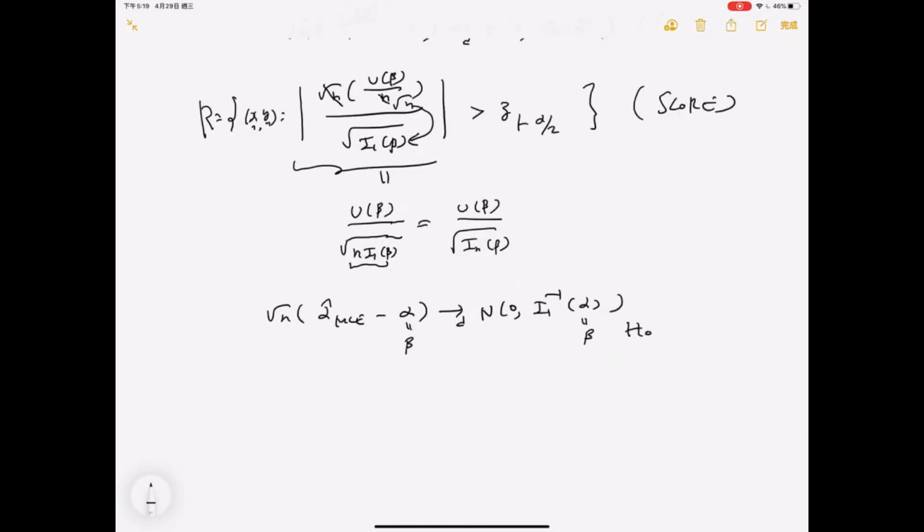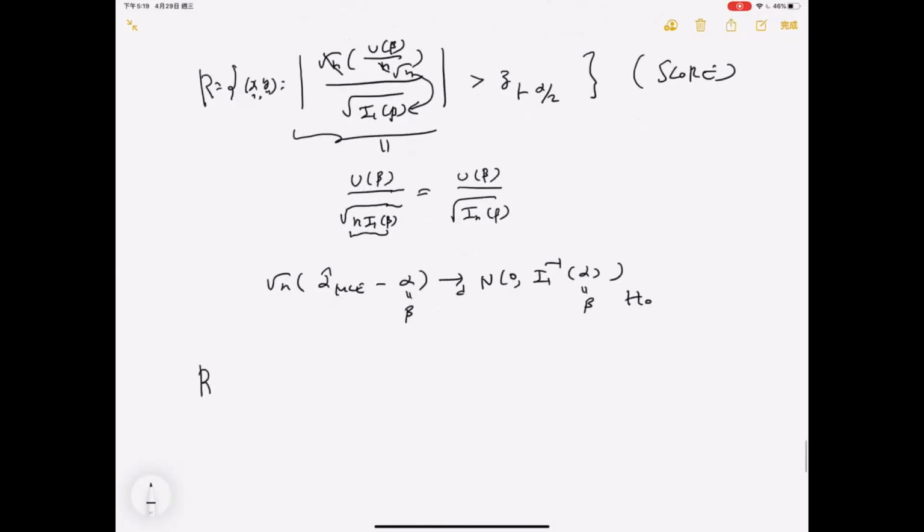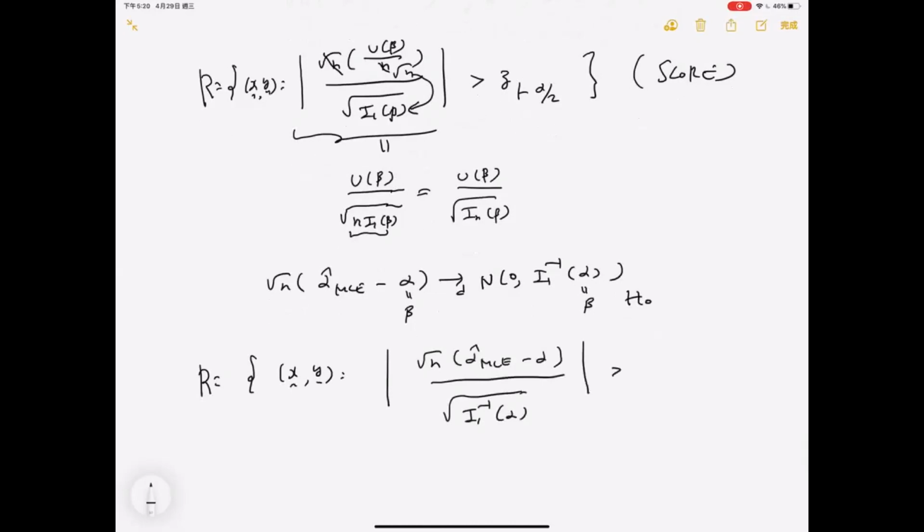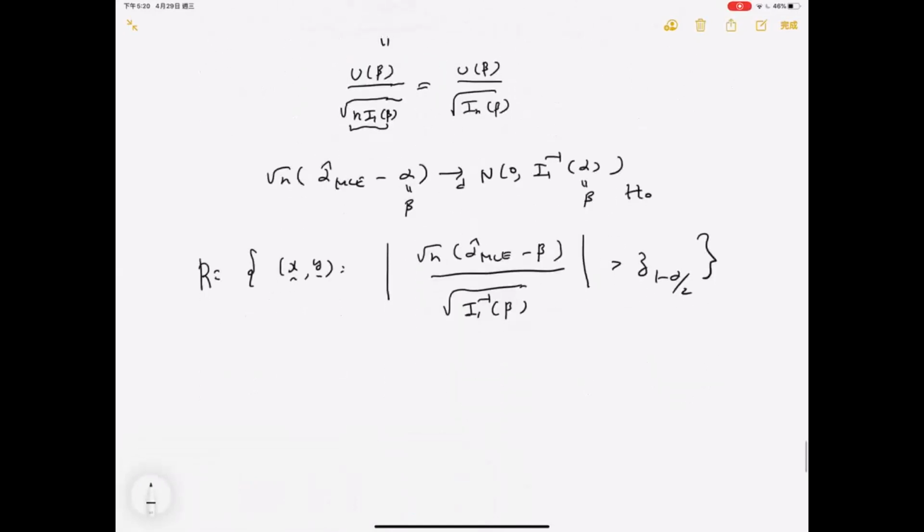So then the Wald type testing rejection region, just using that, divided by square root I1 inverse alpha, it's bigger than z alpha over 2. Of course, under the null hypothesis, this guy alpha becomes beta.